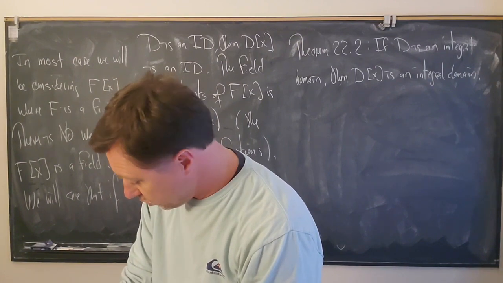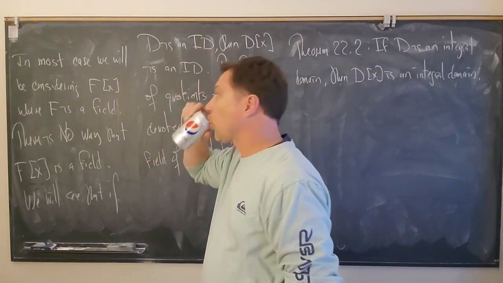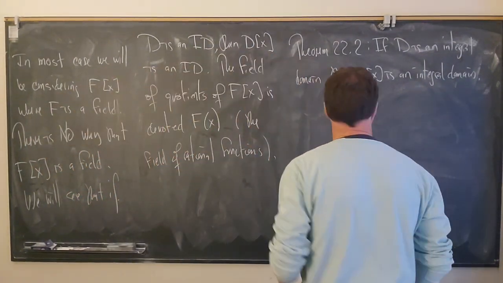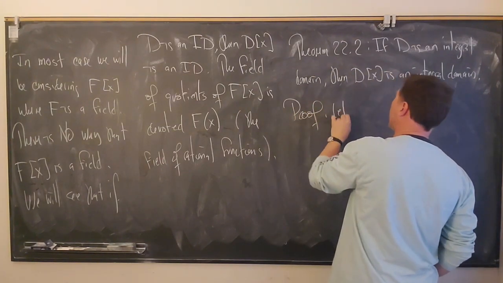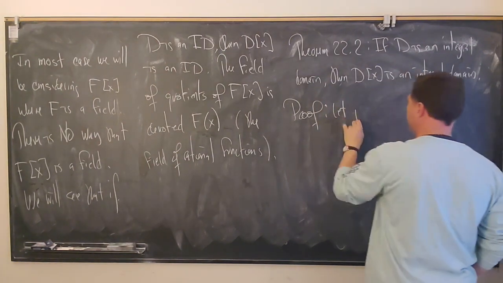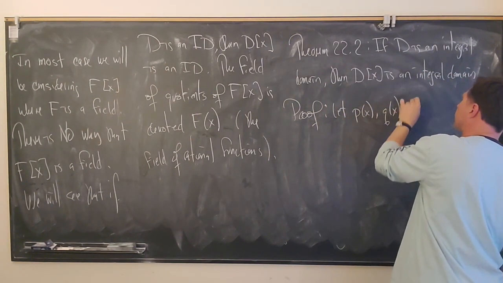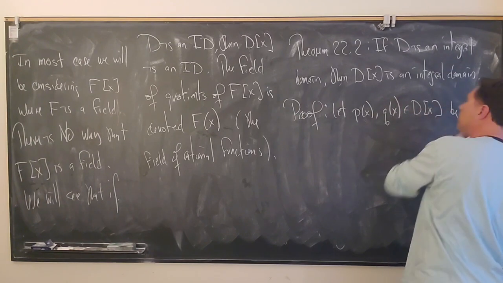Okay, so what do we need to do? We need to show that there are no zero divisors inside D[X]. And so let's choose a couple of polynomials. For our proof, let's let, say, p(x) and q(x) in D[X] be non-zero.